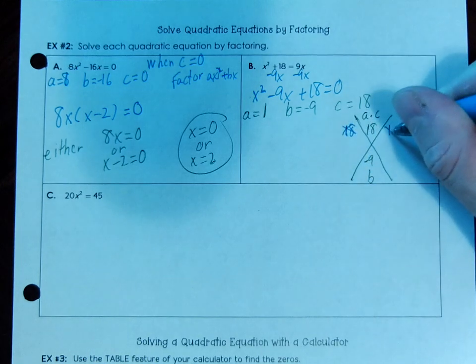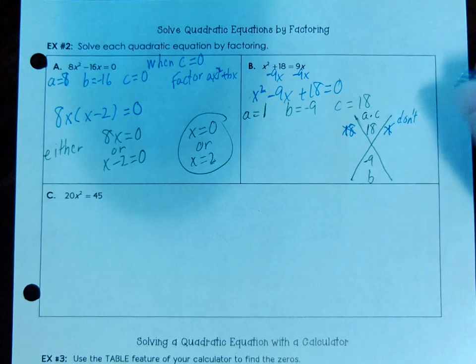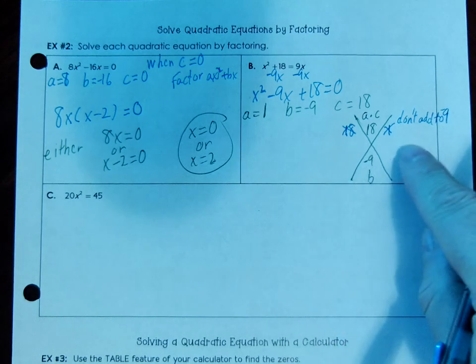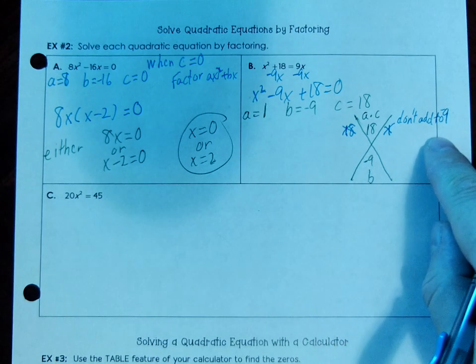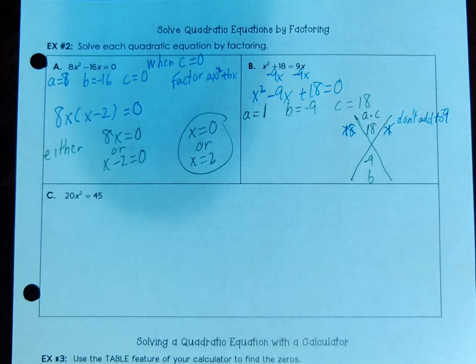So this does not add to make negative 9, so these two are incorrect. Now I'm writing this out each and every time because some of you are confused on how to do this. I don't expect you to write that out in your homework. Let me be clear here. I'm just writing it out to try to explain this to you as we're going through it.